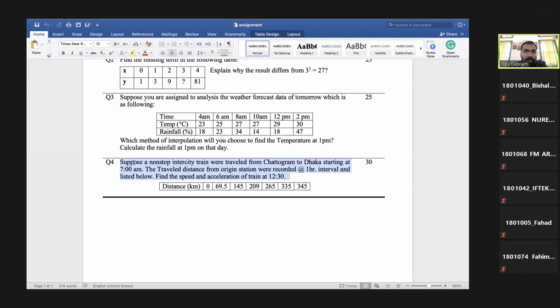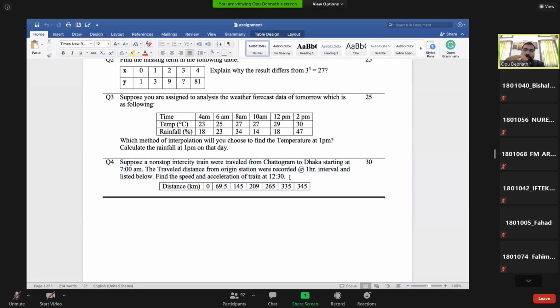So I think I discussed these types of problems in class, the techniques. First you need to consider the problem, and then you need to set the policy. If I go for speed, what should I do? And if you are asked for acceleration, what should you do? And then there is another technique: the time is 12:30, and this zero distance is actually at 7.